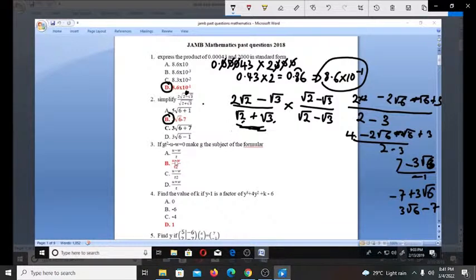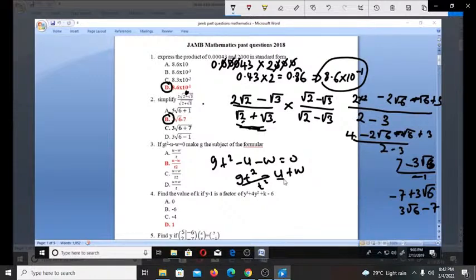Now, let's look at number 3 question. G T squared minus U minus W is equal to 0, make G the subject of the formula. To do this, we can take the other things to the other side so that we have only the one you want to make the subject. GT squared equal to, take U over, instead of minus U it is going to be plus U, take W over, instead of minus W it is going to be plus W. So you can then divide through by T squared.